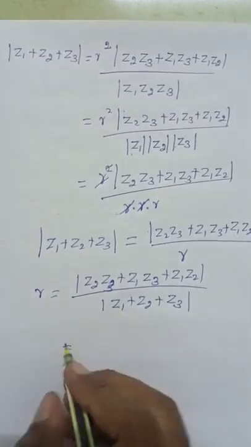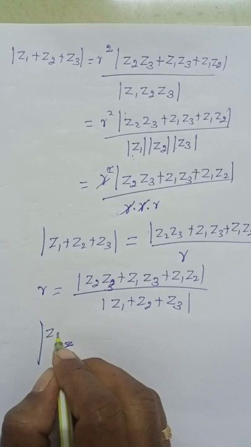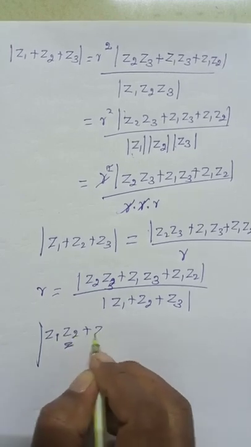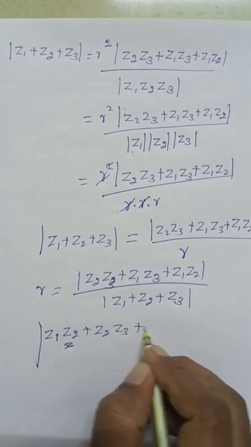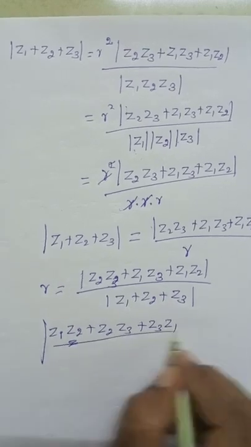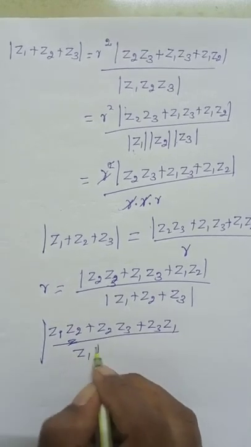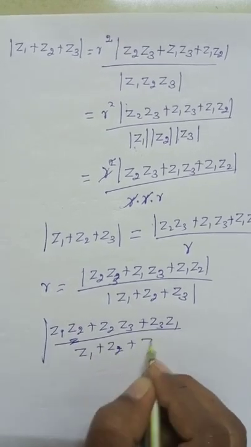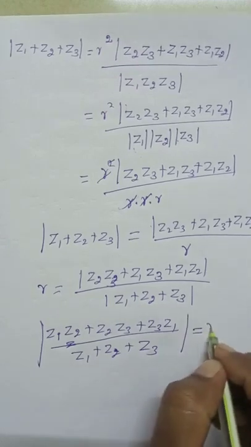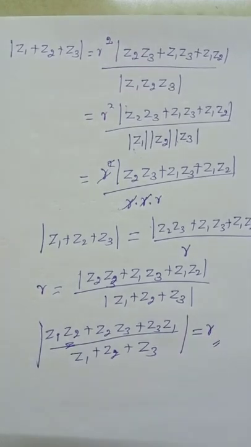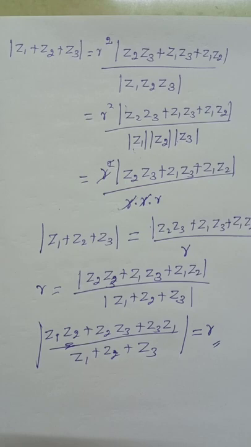Now I can put the modulus together. That is modulus of Z1 Z2 plus Z2 Z3 plus Z3 Z1 by Z1 plus Z2 plus Z3 is equal to R. This is what they have asked us to prove. Simple, but few steps are there to prove.